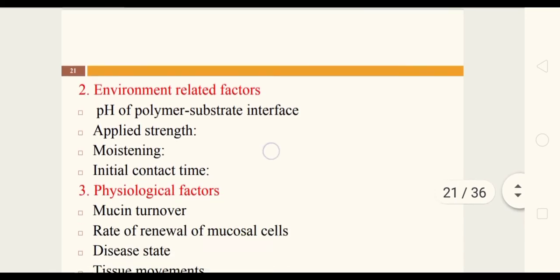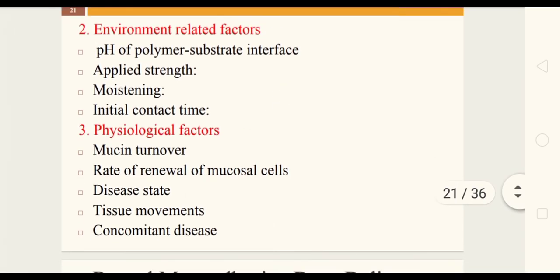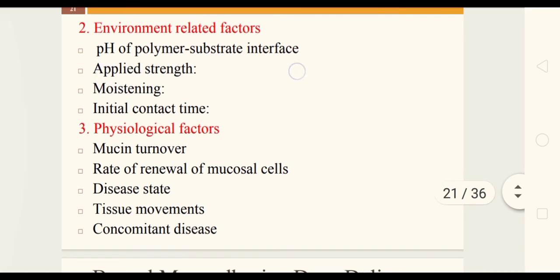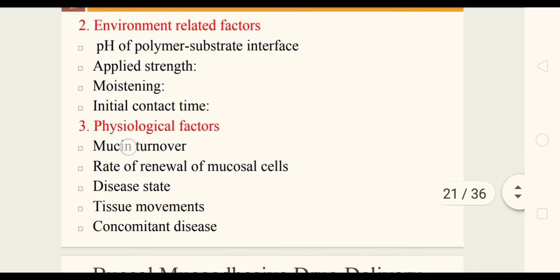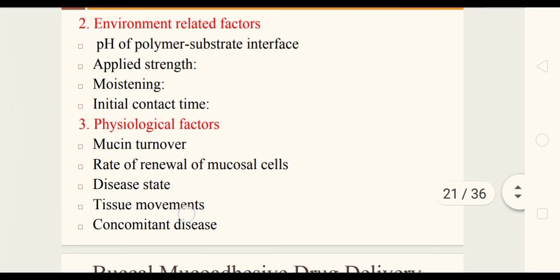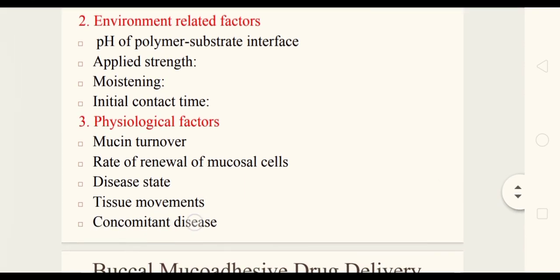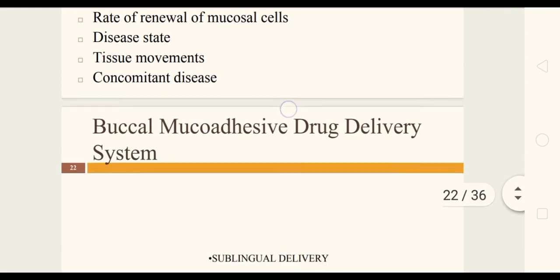Next are the environment related factors like pH, we need optimal pH for this, we need a high applied strength, we need a moist environment, and initial contact time is more important, we have seen. Now physiological factors: the mucin turnover, the more the mucin, the less will be the interaction, the clearance will be more, rate of renewal, disease state, tissue movements and concomitant disease.